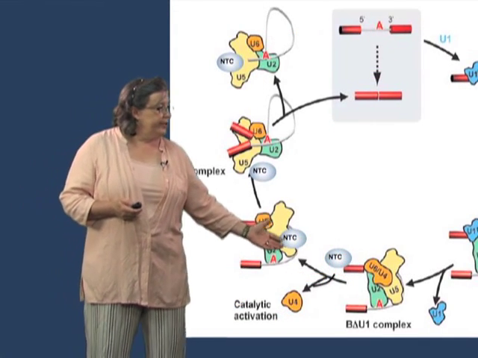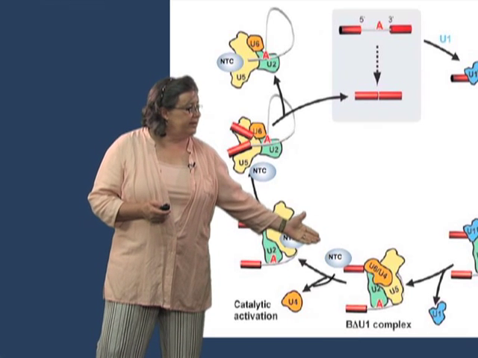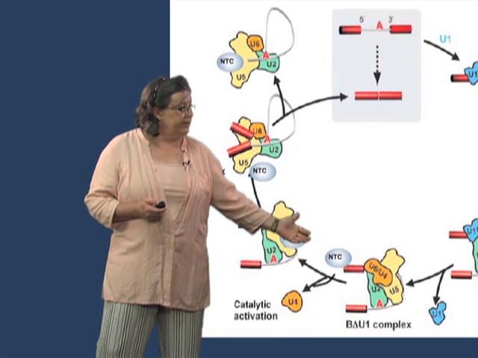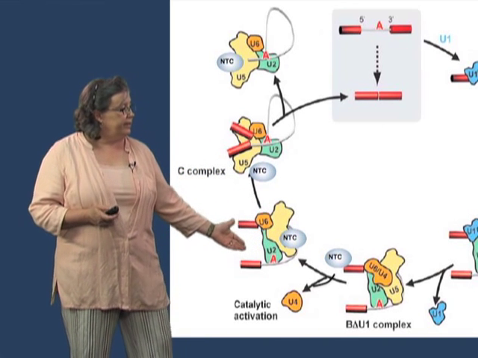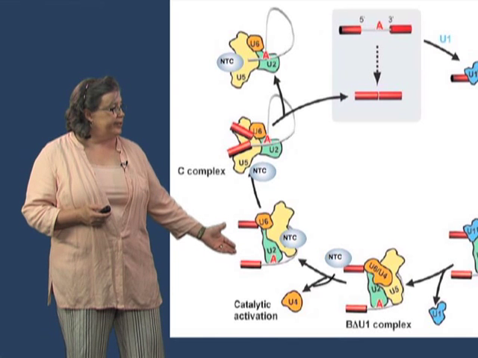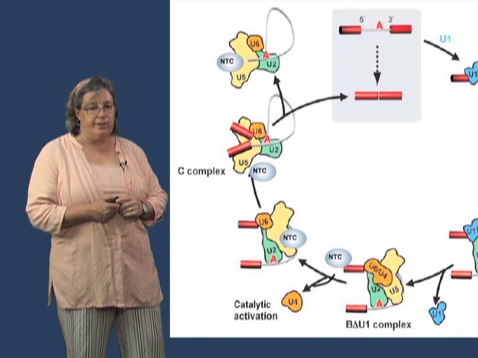In another rearrangement, U4 snRNP is kicked out, and then the NTC complex comes in, and now we have the catalytically active spliceosome, where the first step and then the second step of splicing occur.